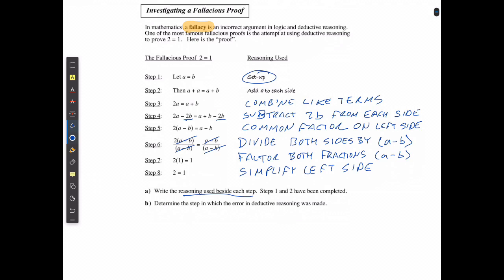Now, if I'm asking in which step was there an error in deductive reasoning, well, I'm going to tell you right now, the error in deductive reasoning was in step 6, when you divide both sides by A minus B. The reason for this is in step 1, they said that A was equal to B. Well, if A is equal to B, then A minus B would be the same as A minus A, because they're the same, which would equal 0.